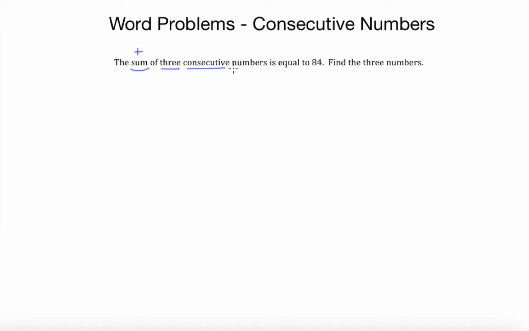Let's talk about what consecutive numbers mean. Consecutive numbers means integers or whole numbers, in this case integers, that follow right after each other. So 1, 2, and 3 are consecutive numbers that follow right after each other, right? 17, 18, and 19 would also be consecutive numbers.